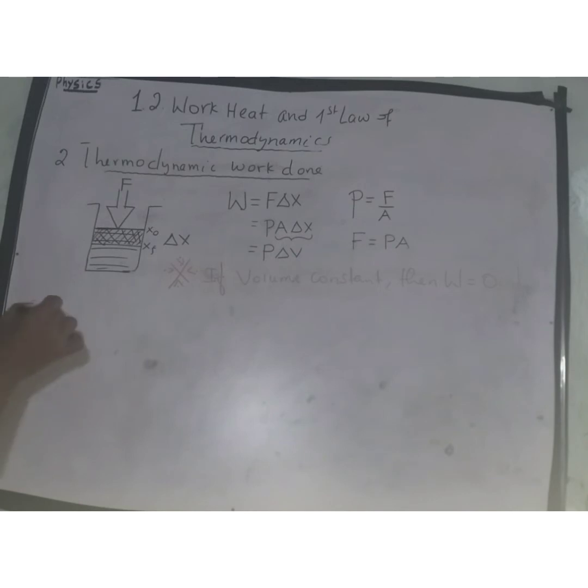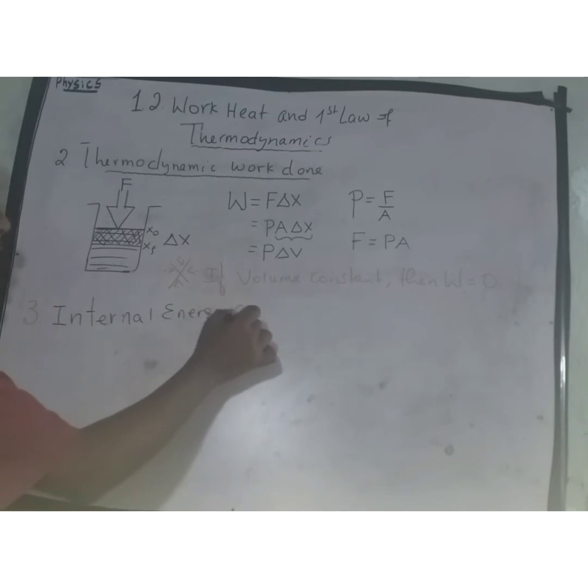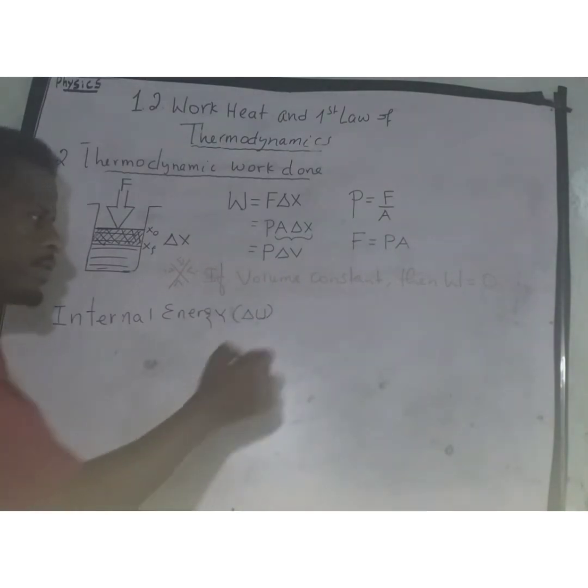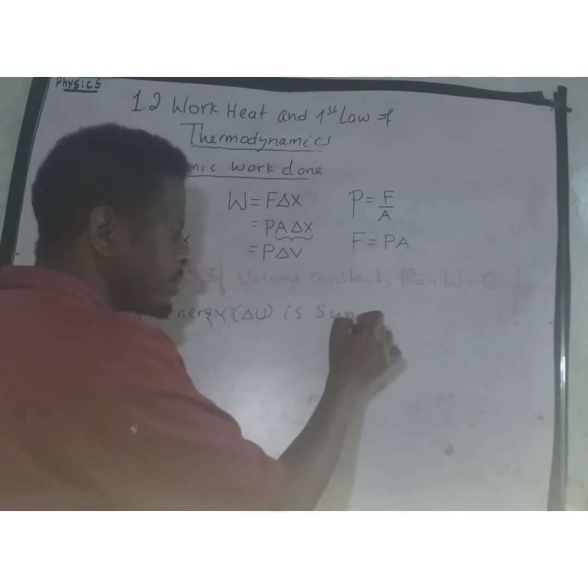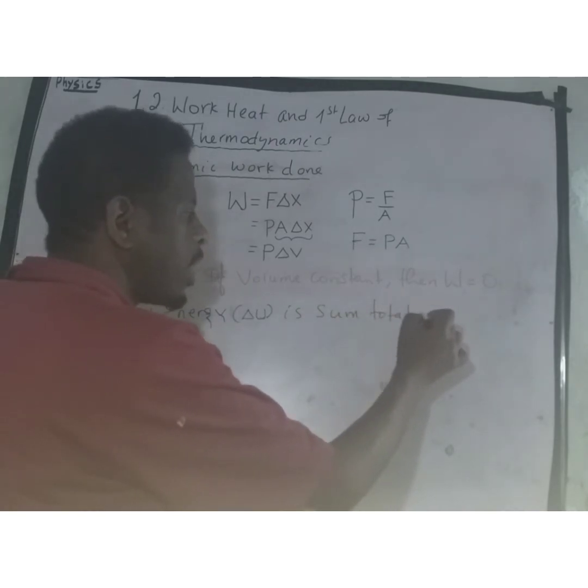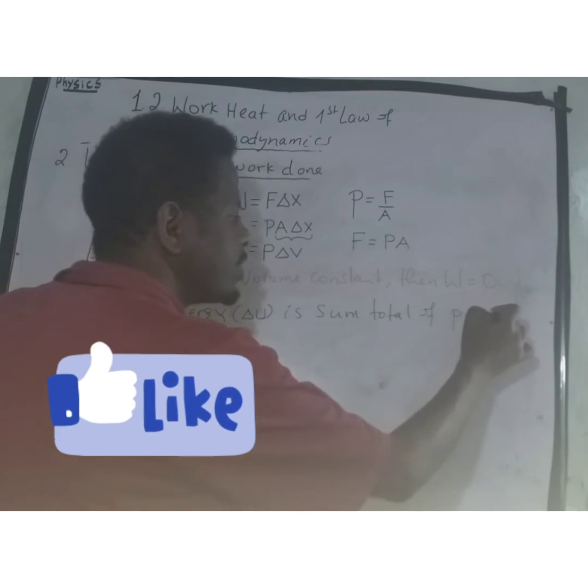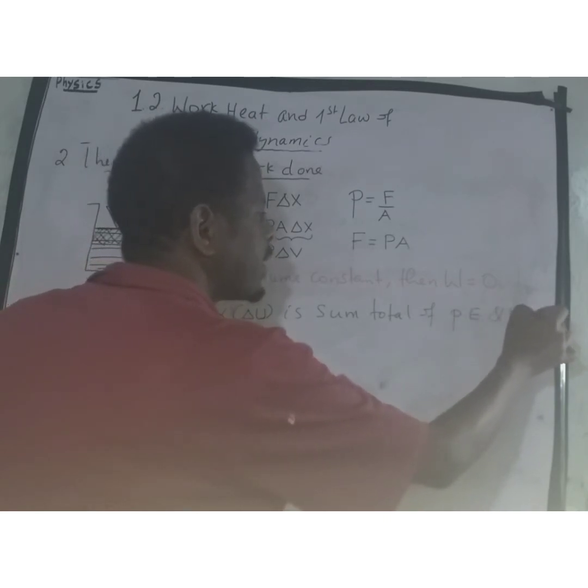Internal energy, denoted by change in U, is the sum total of the potential energy and kinetic energy of a given system.